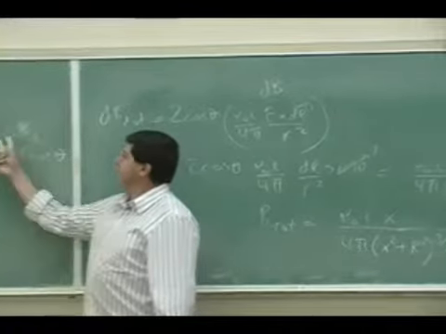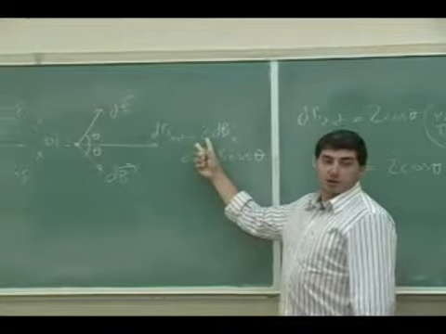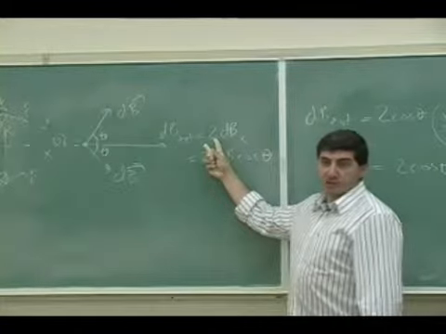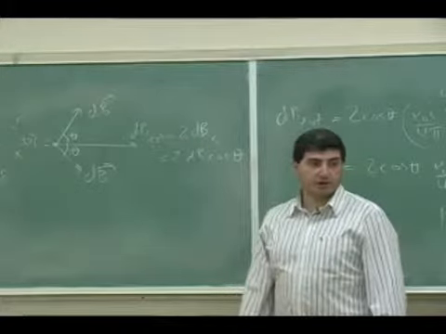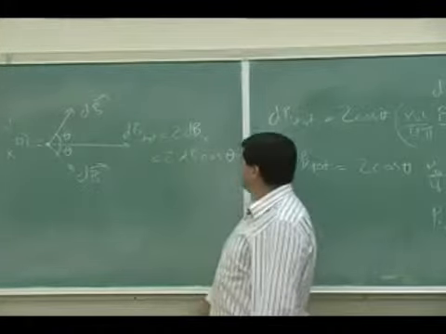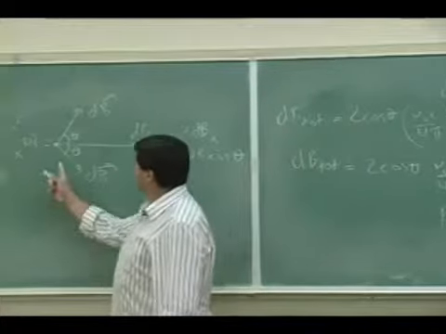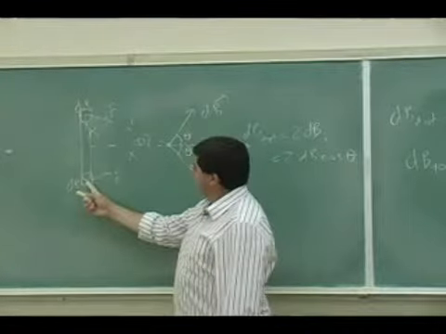Okay, notice here I used the symmetry to argue that the total B is going to be twice the B of each one, twice the x component, because I argued that this one is going to cancel with this one.